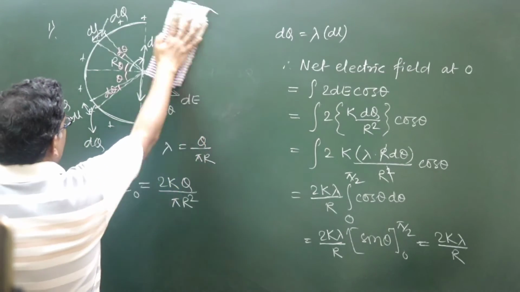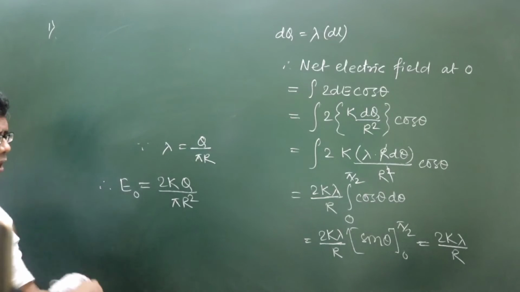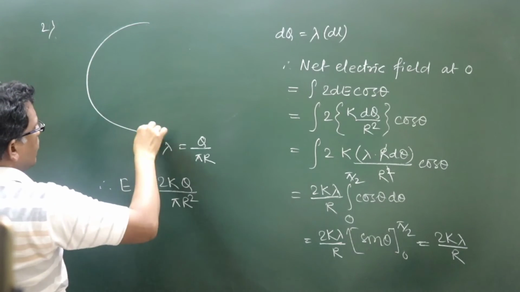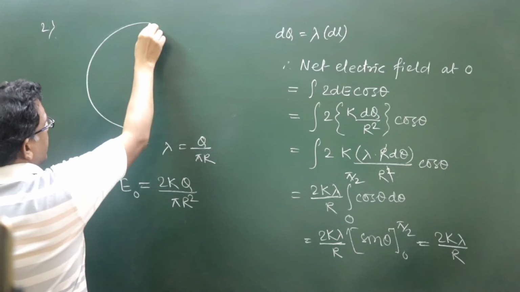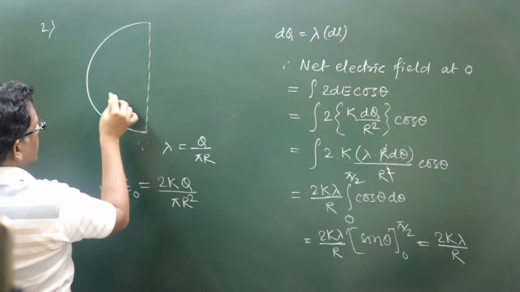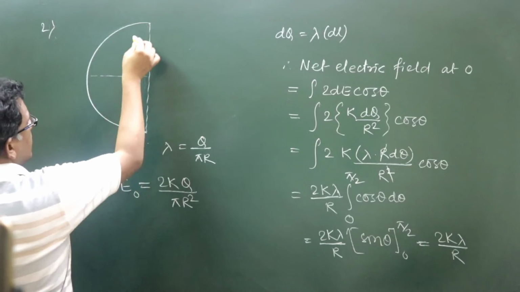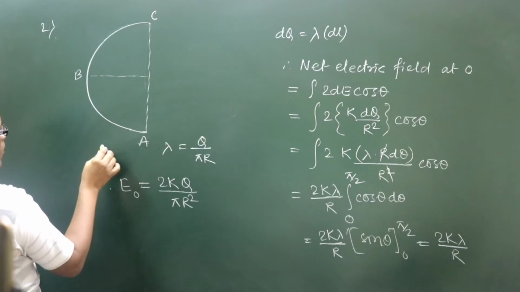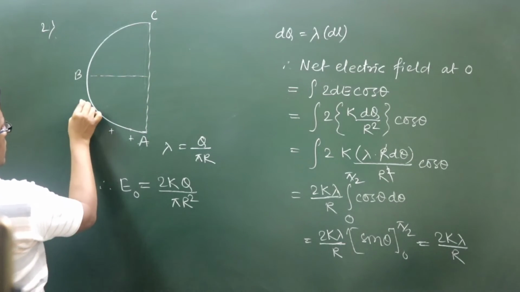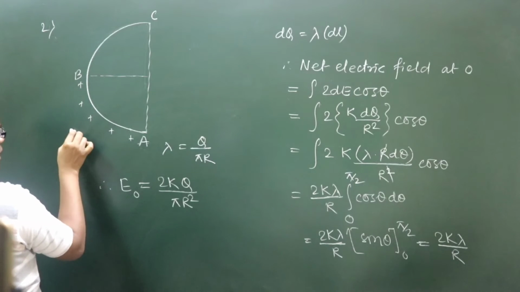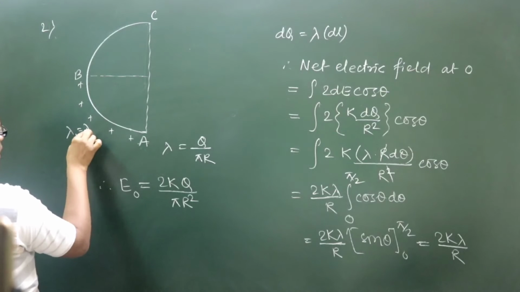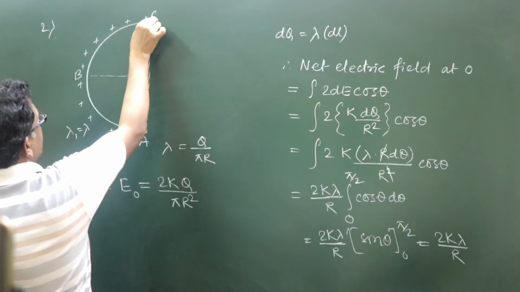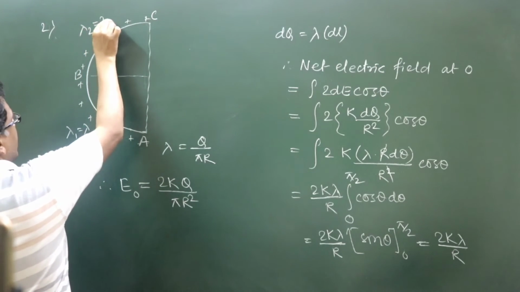Okay, fine. So now I will ask you to get the electric field again at the point O on this semicircular ring, but this time if I mark it as A, B, C, in the AB part the linear charge density lambda 1 is lambda, and in the BC part the linear charge density is 2 lambda.